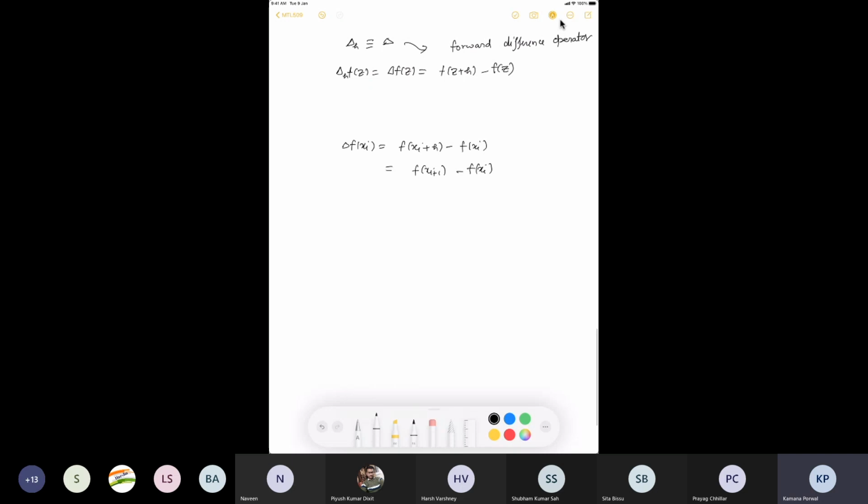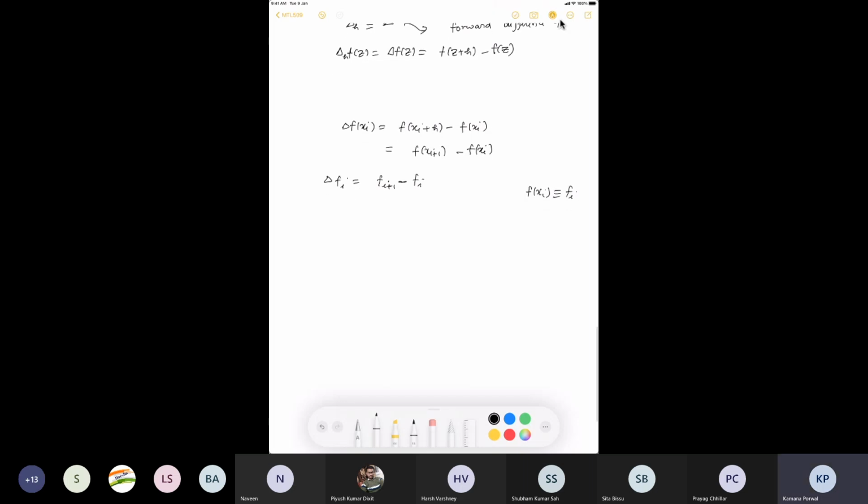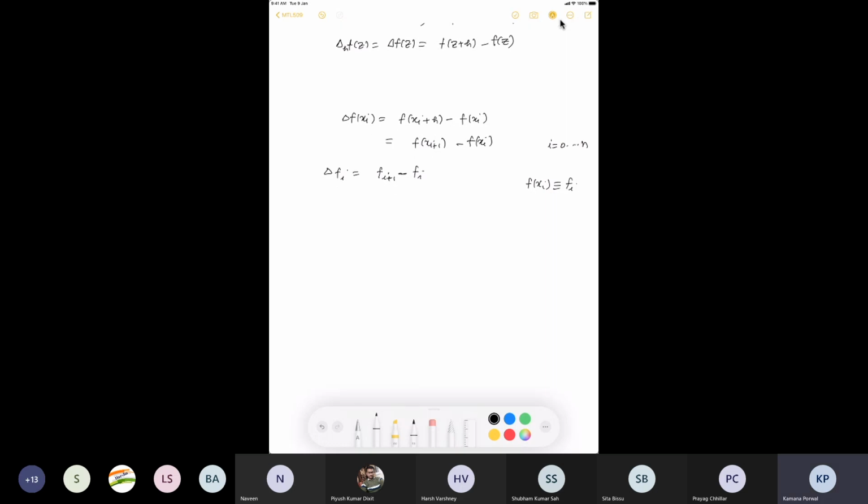And if I use the shortened notation f_i for f(x_i), I can write this as delta f_i equals f_{i+1} minus f_i, where i ranges from 0 up to n. All right, so this is how we understand the first forward difference of f at any node x_i.